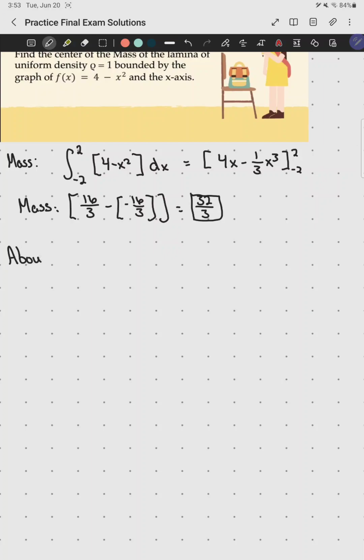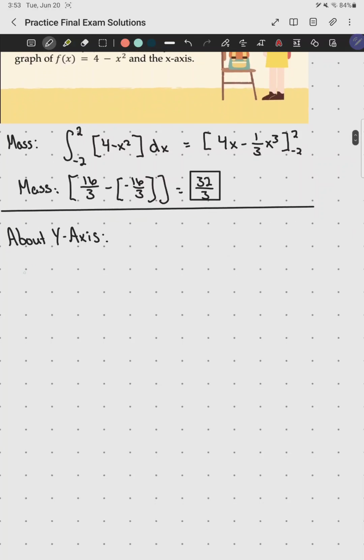Next, about the y-axis. My equals the integral from negative 2 to 2 of x times 4 minus x squared dx.